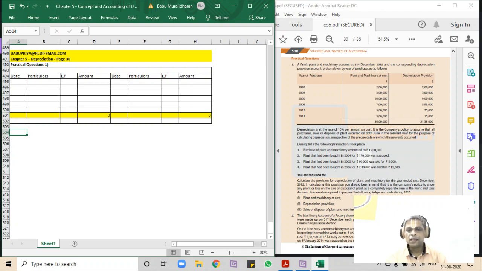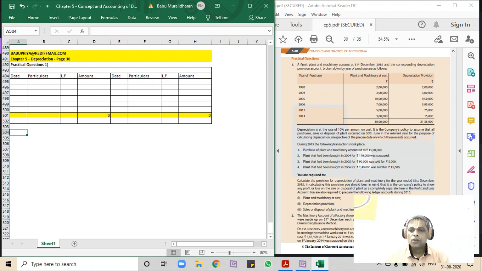It means if a sale or purchase happens in the middle of the year, the depreciation has to be calculated up to that period, right? If there's a purchase happening, then the purchase date is 30th June. Depreciation for the year ended 31st December has to be done for 6 months. If there's a sale happening, then the sale is to be treated as being sold on 30th June for the purpose, and then the first 6 months' depreciation has to be calculated before the sale is accounted.